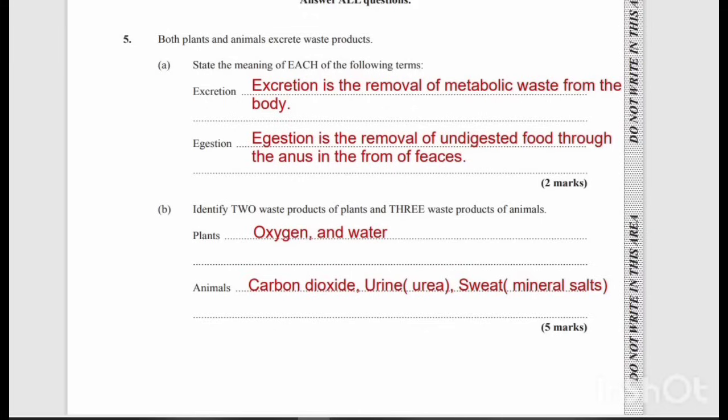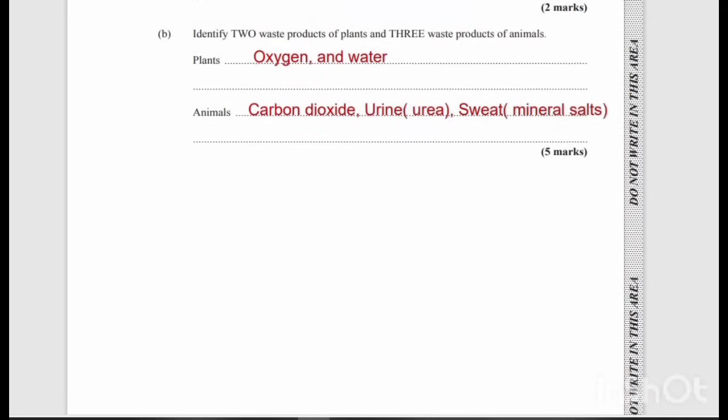The reason I put those substances in brackets is either one, I think you'll get the mark, because the main substance in your urine that you're trying to excrete is urea, and mineral salts would be the main thing in your sweat with a little bit of urea. So if you have sweat, urine or carbon dioxide, you should get your marks. All right, and that's for 5 marks, guys. 1 mark for each waste product that you would have given.